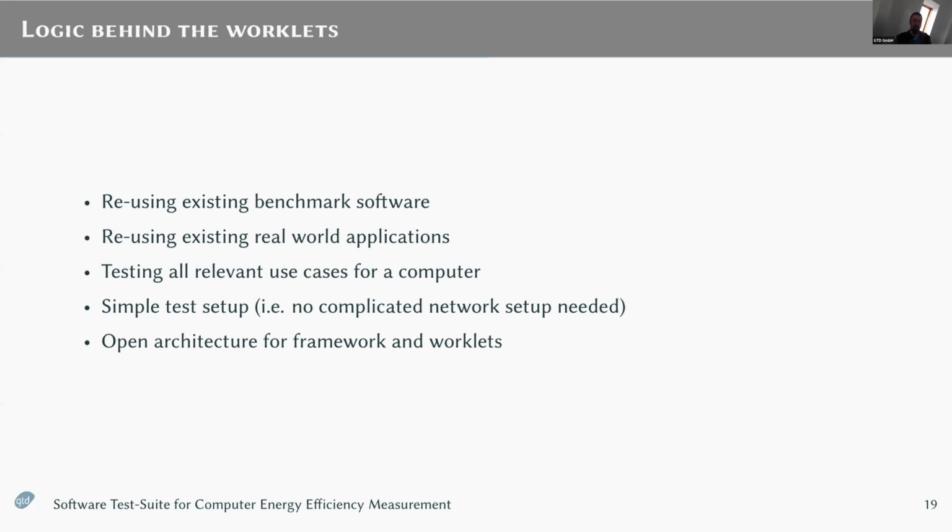And of course, as I mentioned several times, open architecture for the framework and for the worklets, so that we can actually change it, maintain it, analyze it, and just make it transparent what the test is doing.